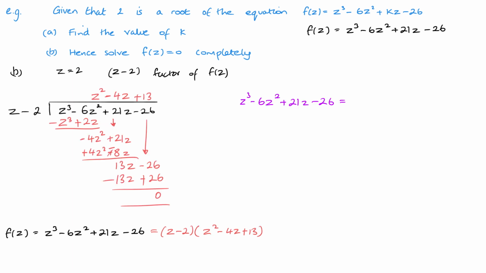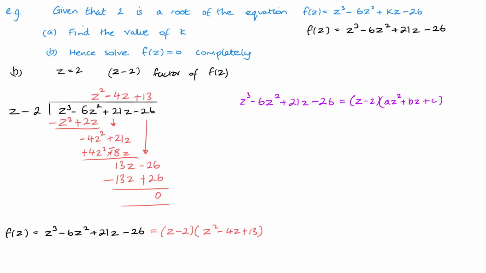Now, alternative method is obviously start off with our cubic. We know that z minus 2 is a factor. So z minus 2 there. And then we know that this is going to be multiplied by a quadratic to be able to get our cubic. So this is az squared plus bz plus c.